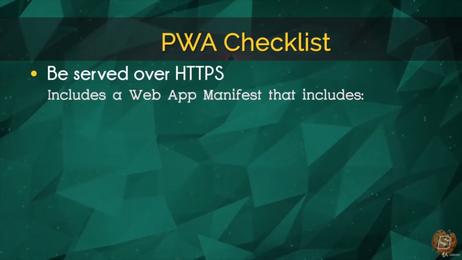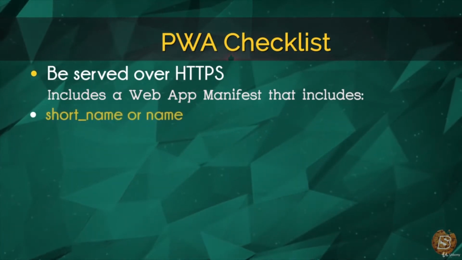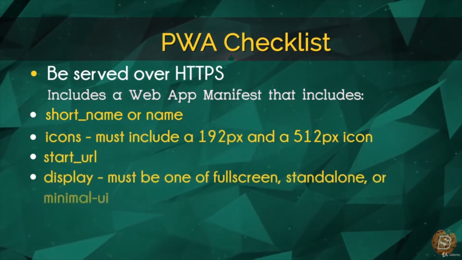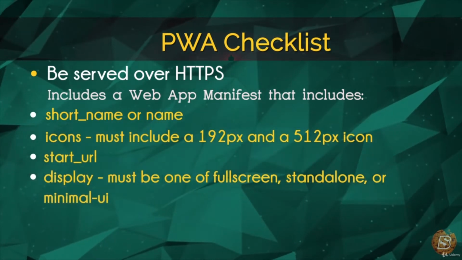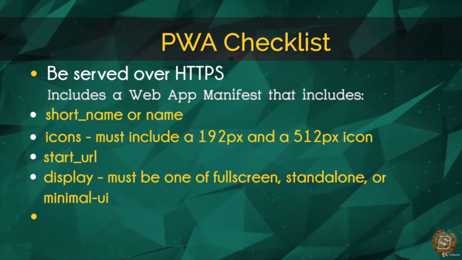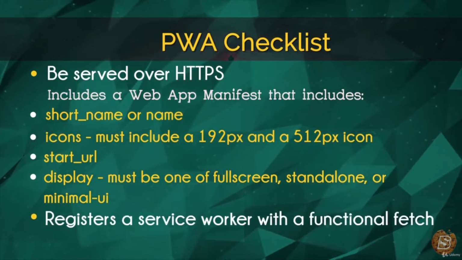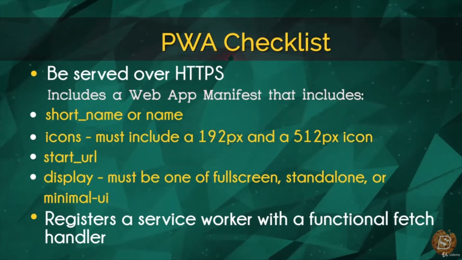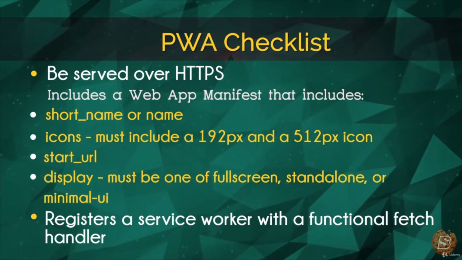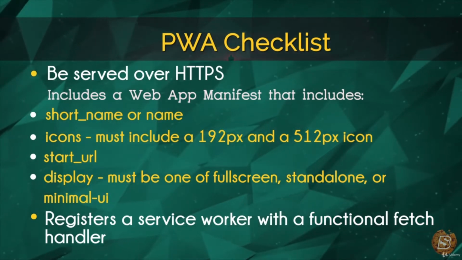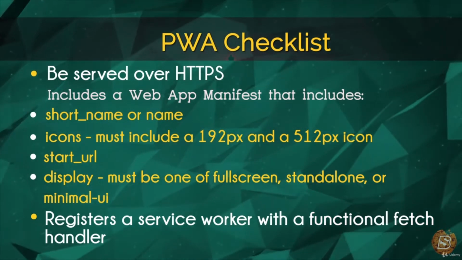Now the web manifest must contain short name, icons, start URL and display mode, that is full screen, standalone or minimal UI. We also should have a service worker with a functional fetch handler. Now we'll come to this one as well when we'll be creating our PWA application, and that will be continuing in the next lecture.